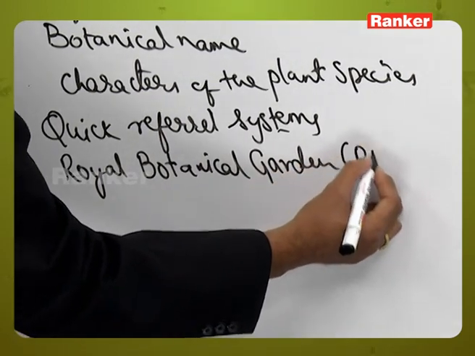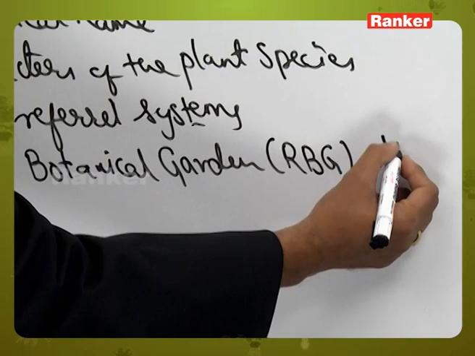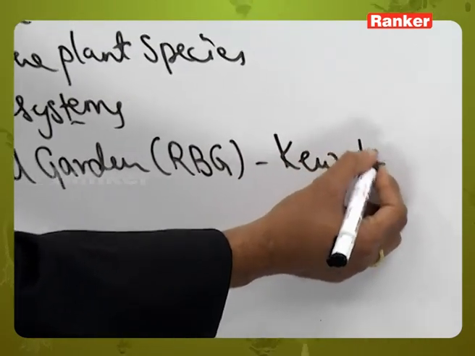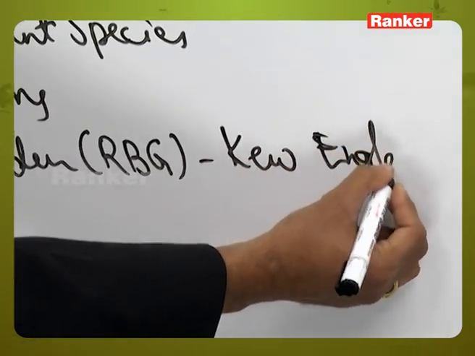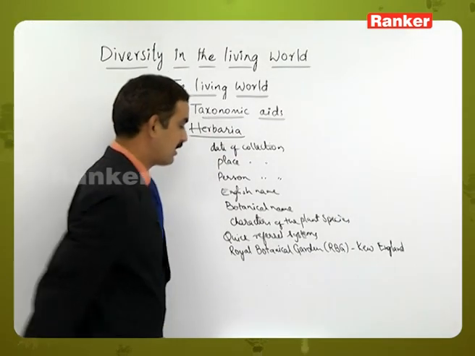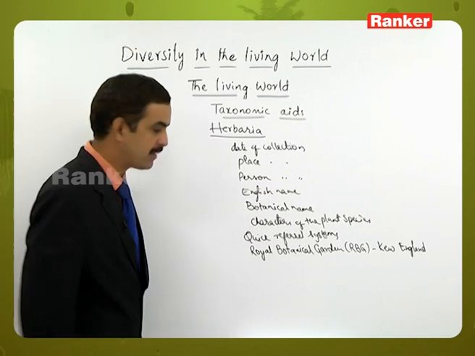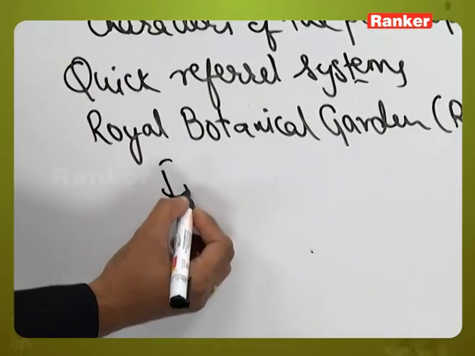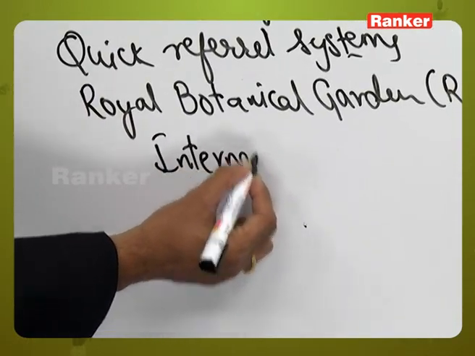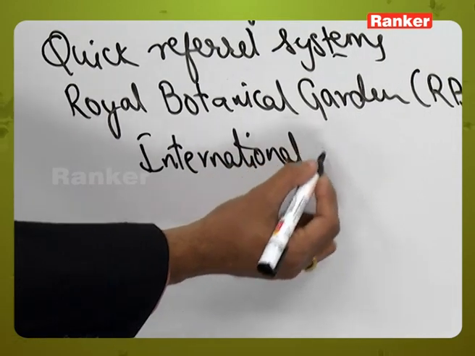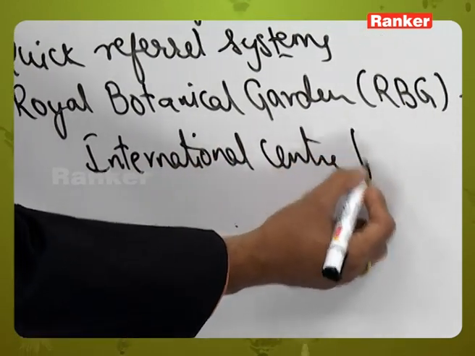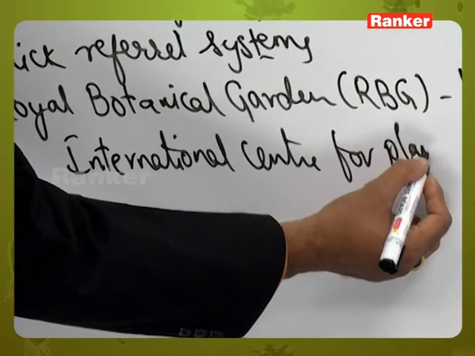It is called RBG, which is located at Kew, England. This is a place where all the plant species present in this world have been preserved in the form of herbarium. That's why we call this the International Center for Plant Identification.